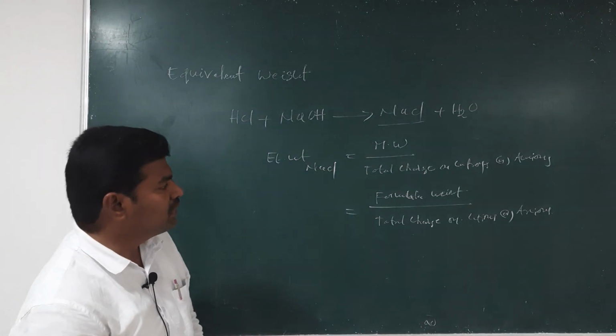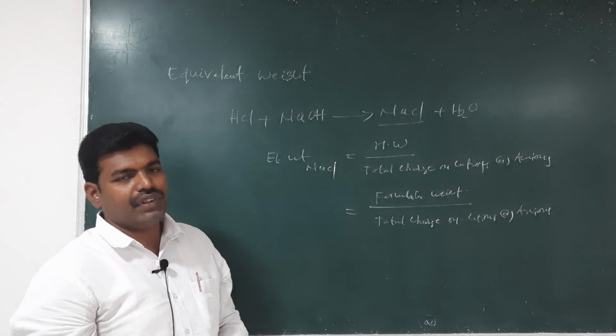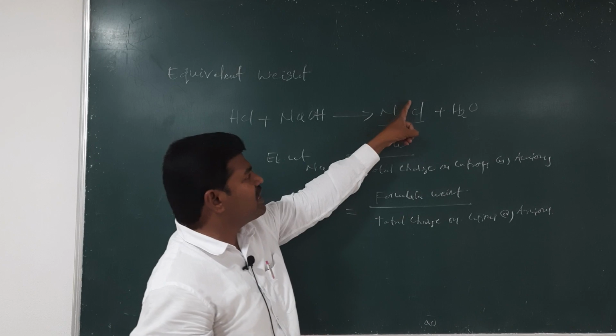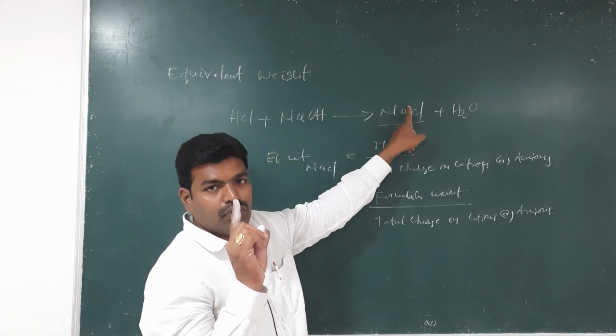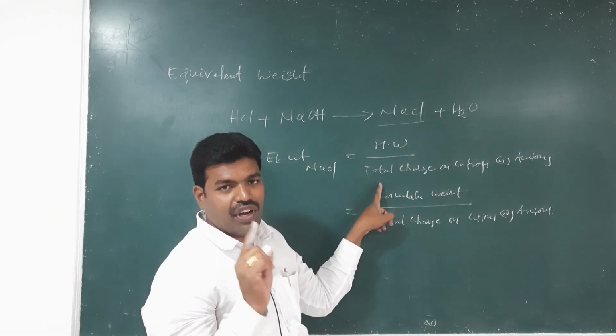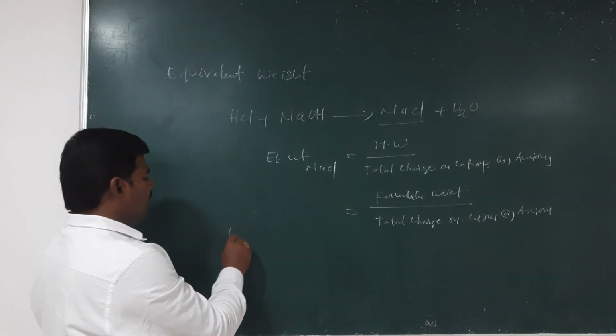So sodium chloride is 58.5, 58.5 by the charge on the cation Na+, 1 positive charge, so we divide by 1.